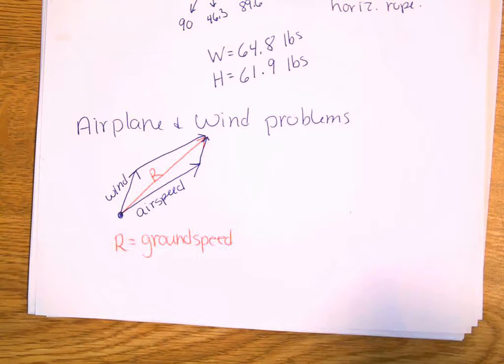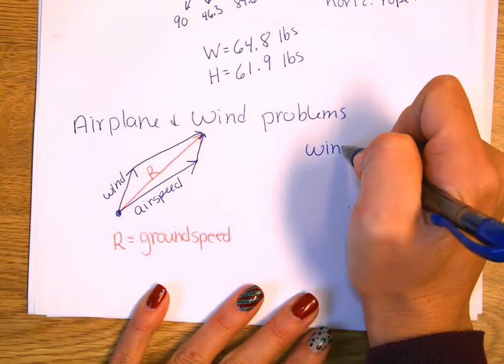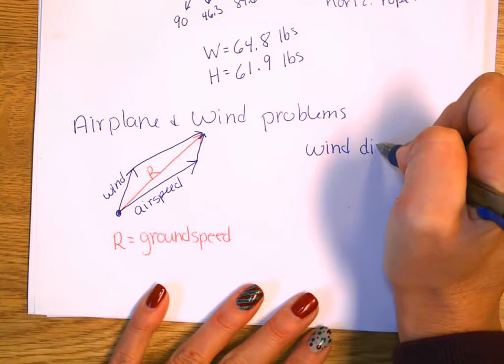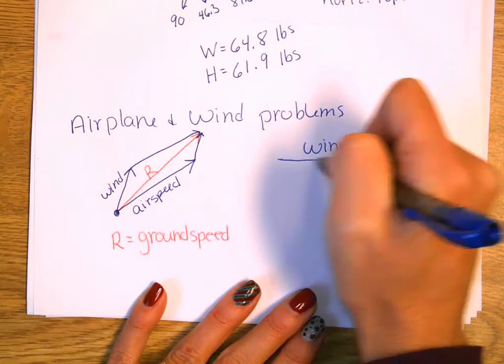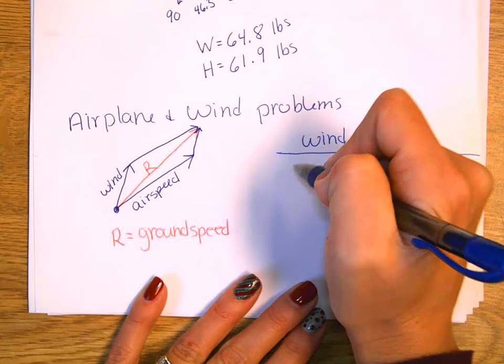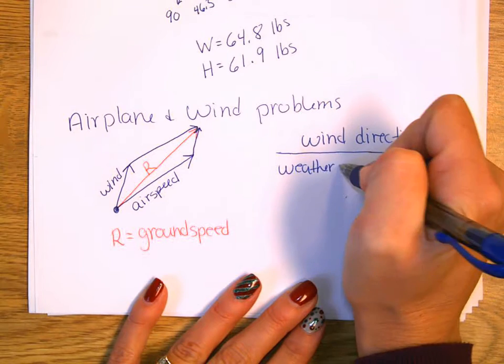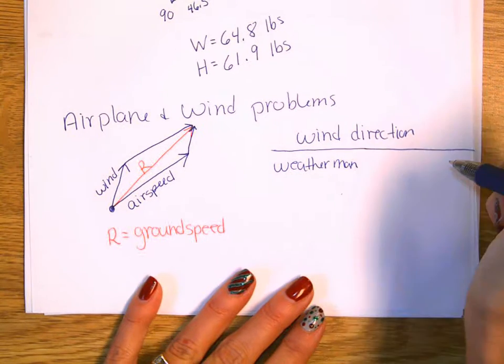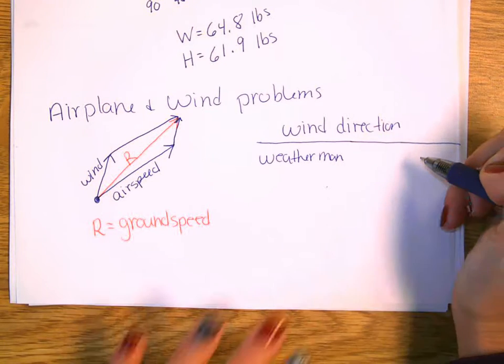Okay, now wind. We got to be a weatherman for a minute. Wind direction. So we're going to look at what the weatherman says, and then what we actually have to draw. So what do I want to call that? The vector.